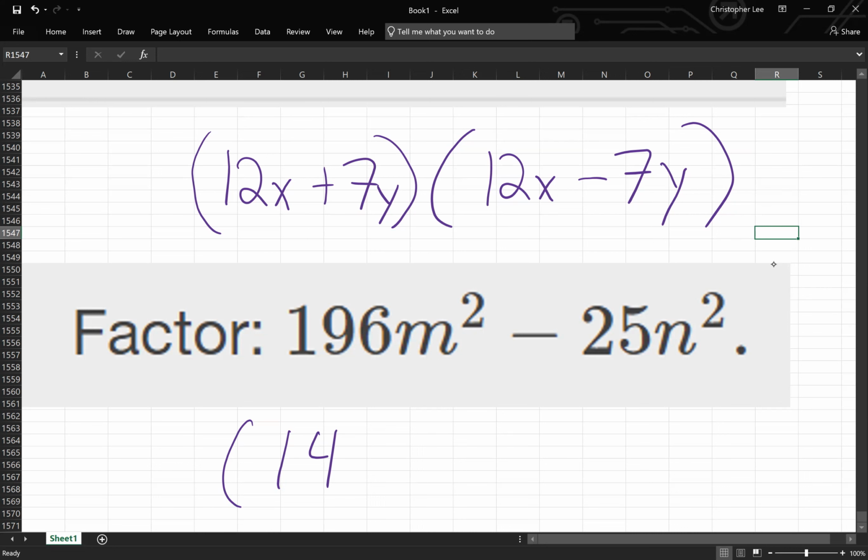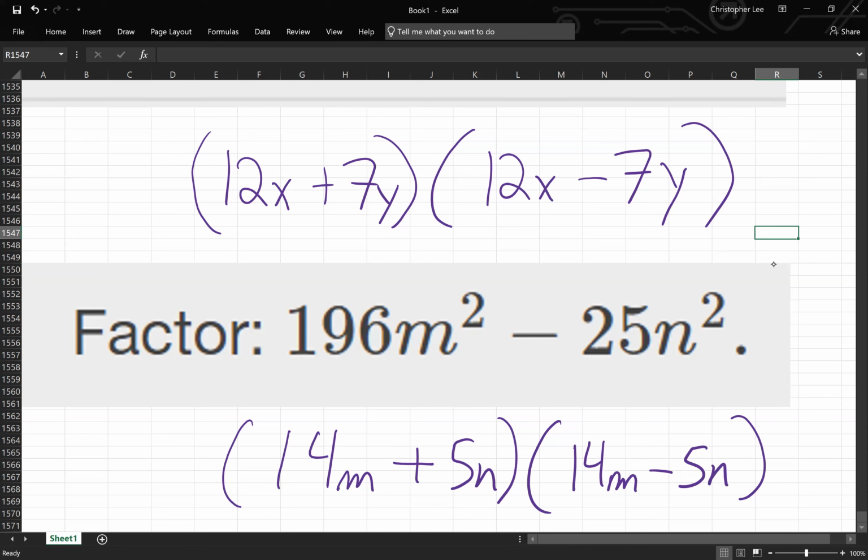That's true. So what is it? See, I forgot the variable already. M minus 5n. All right.